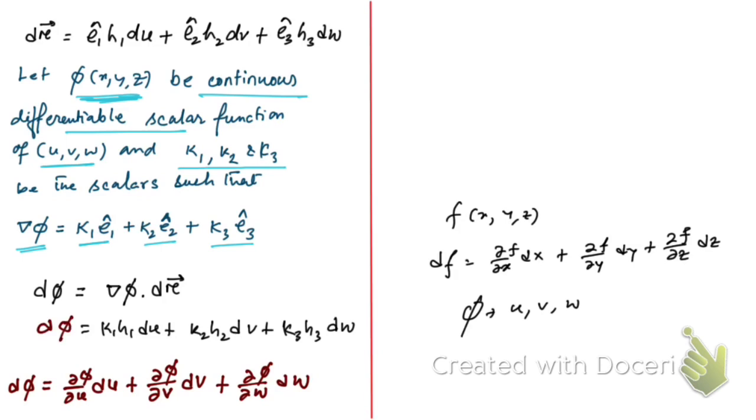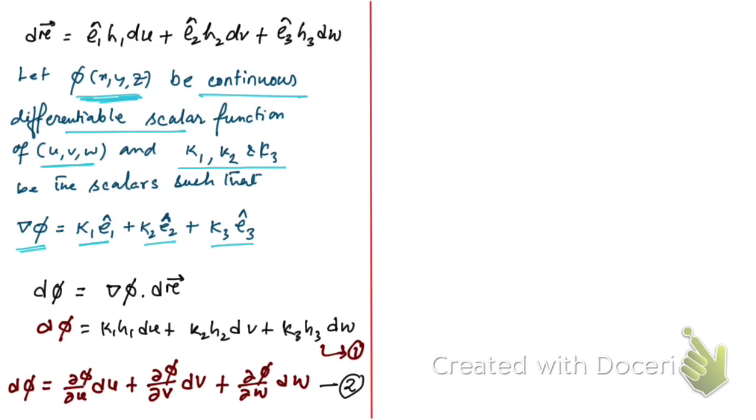Suppose this is equation number 1, and this one is equation number 2. From these two equations, if we compare equation number 1 and 2, this term must be equal to this one, right? Comparing 1 and 2, we're going to have del u of phi du is equal to k1 h1 du.